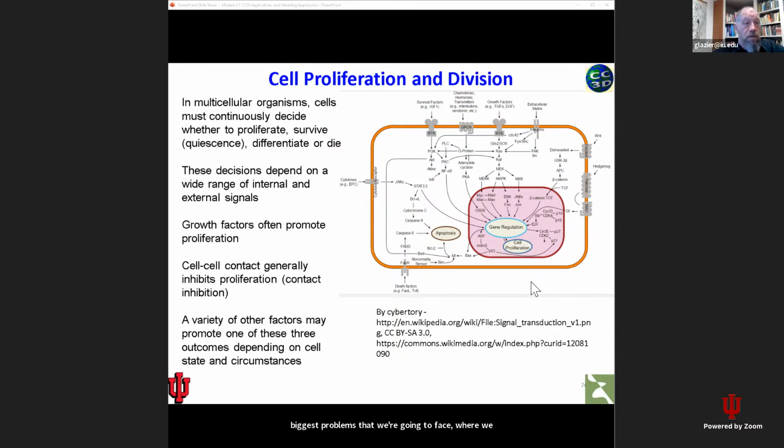And one of the biggest problems that we're going to face when we build models is that we have all these data sets about the level of expression of gene A, B, C, or D. We even know quite a bit about connections between them these days, although less than we'd like to. The problem is that we don't know how the level of molecule X affects the behaviors that are actually the important things about what cells are doing. We want to know, is the cell dying or not?